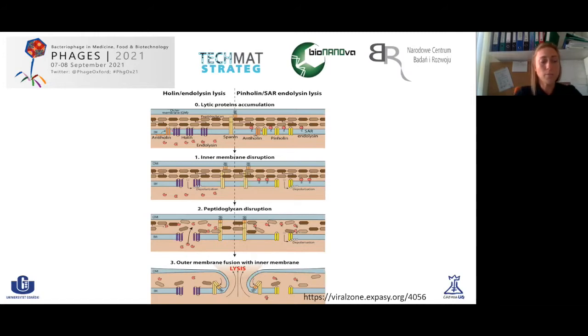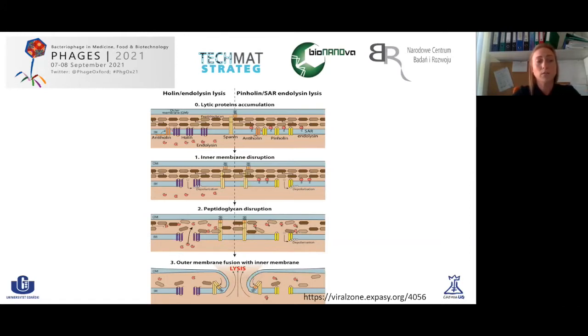There exists a second lytic system, including endolysin with a signal-arrest-release, SAR, sequence present at the N-terminus of some bacteriophage endolysins, which allows them to pass through the cell's membrane without holins, using only the bacterial secretory system.